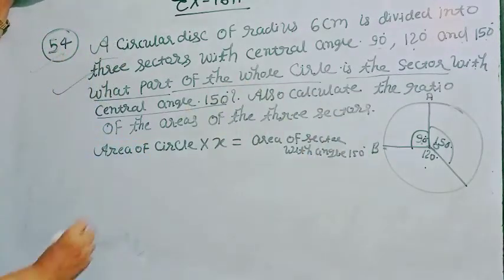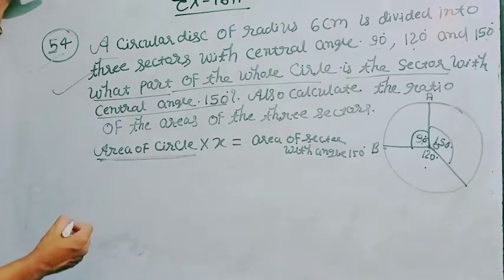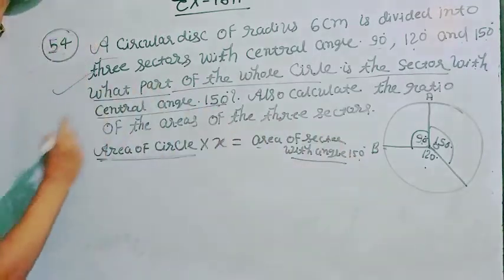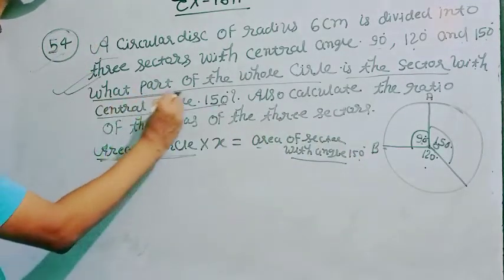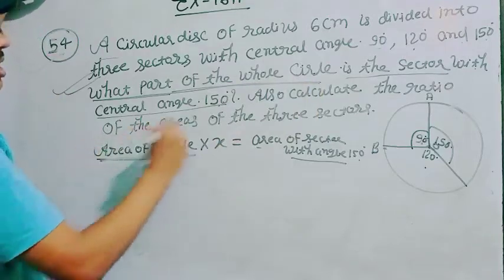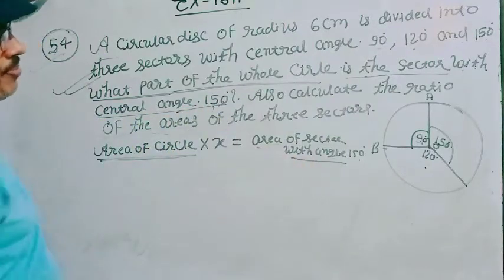Dear student, your question is what part of the area of the circle is equal to the area of the sector with the central angle 150 degree.